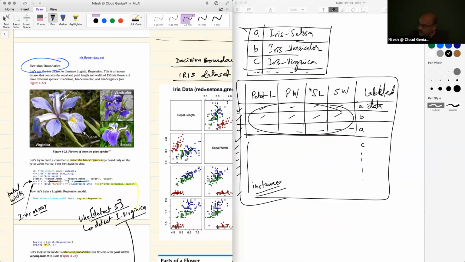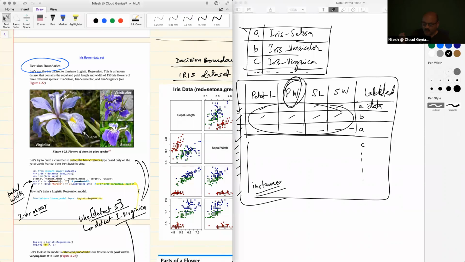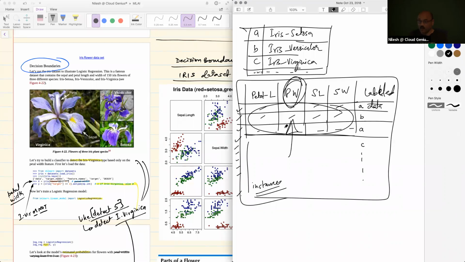Let's say the petal width feature, just the petal width, only this feature. That's the first segment here. So we are just grabbing only one feature called petal width and working with that. So that's going to be detected only on one input feature, that is width of the petal. And based on that, that's what we're doing here.